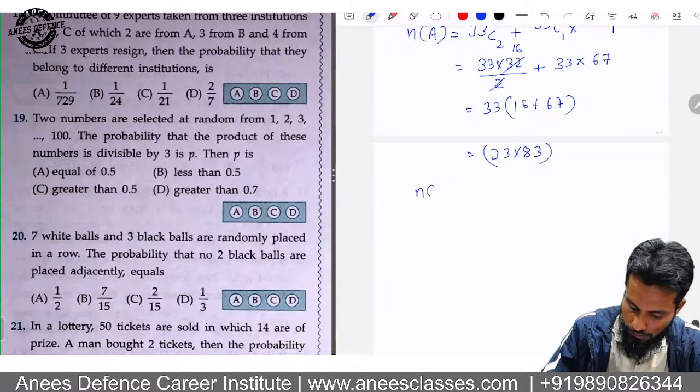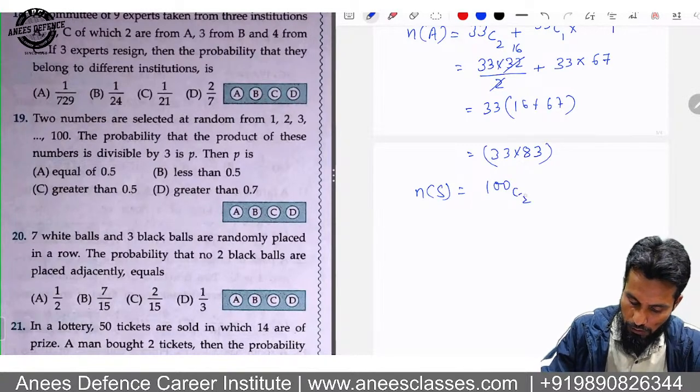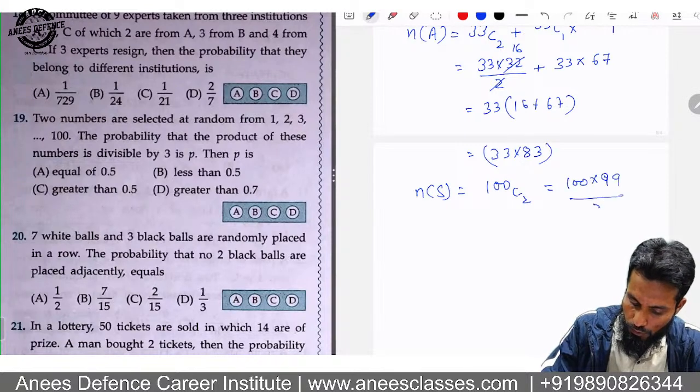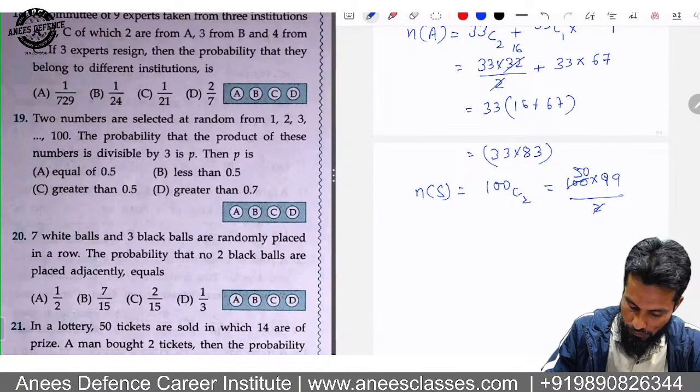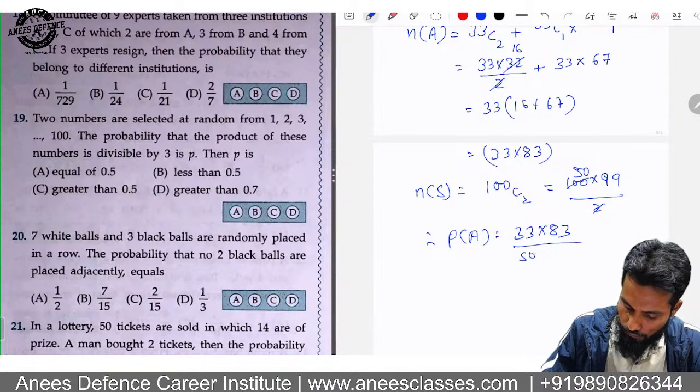Now the sample space. Total numbers are 100, out of which you have to select two numbers: 100C2, so 100 times 99 upon 2, which is 50 times 99. Therefore probability of A is equal to 33 multiplied with 83 upon 50 multiplied with 99.